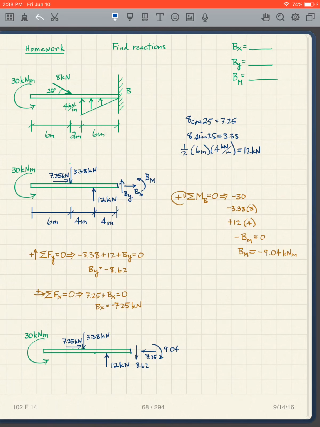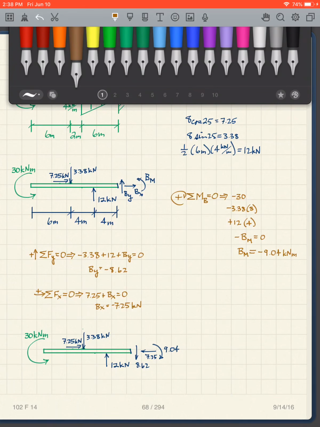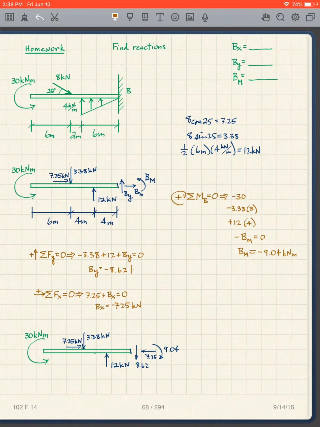Now the units there are kilonewtons. Notice the units here are kilonewton meters. So, I haven't been strict on following the units, but what do I know? This 30 has kilonewton meters. This has got kilonewtons, and the 8 is meters. So this is also kilonewton meters.